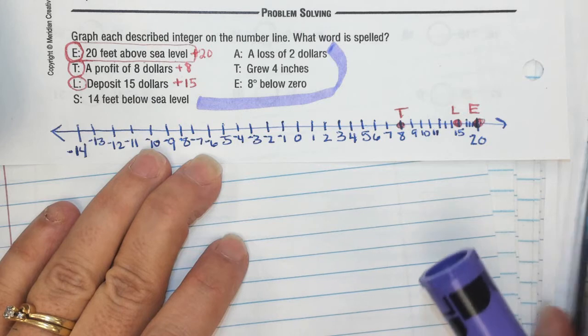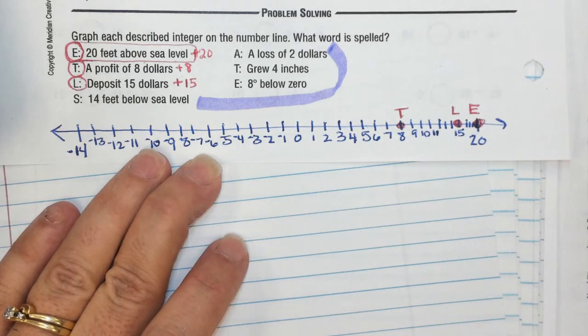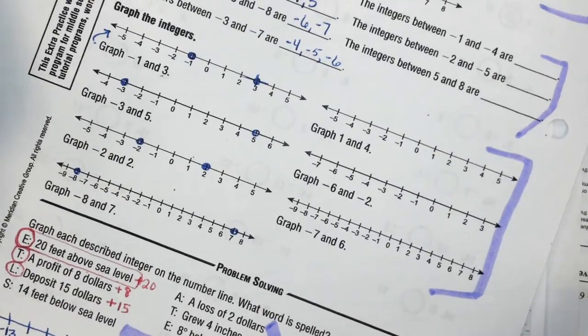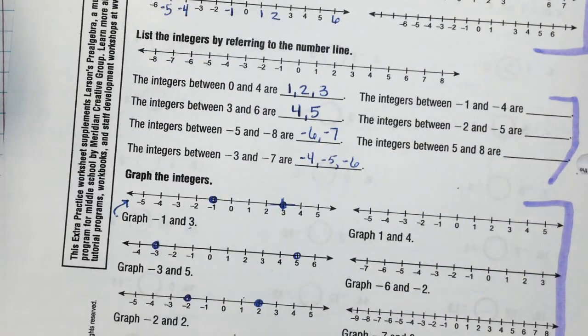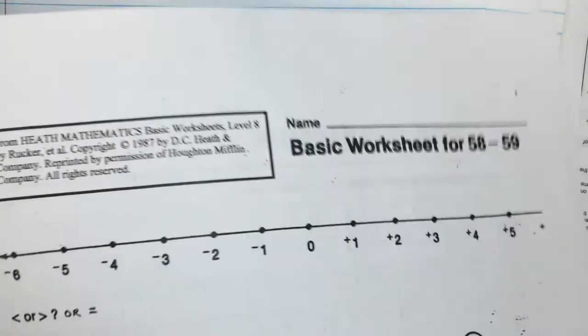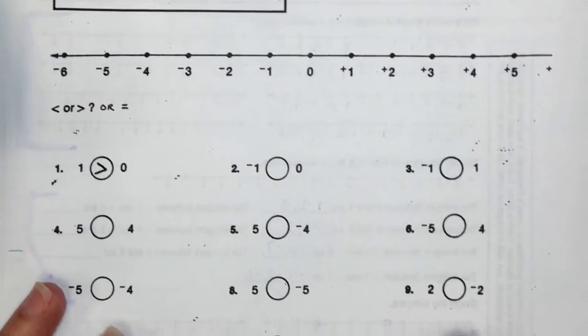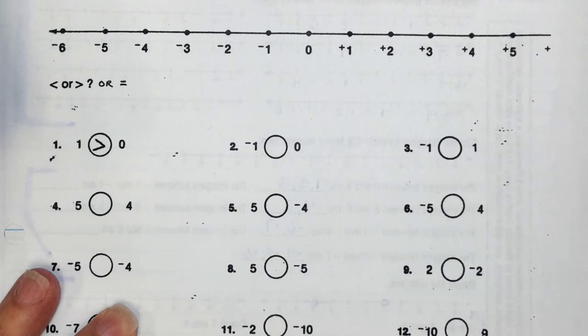Okay. Now, on the back, well, here's the thing, I need you to know, for some kids, this is easy. For some kids, especially when the numbers get real close, like the -10, -11, it does get confusing. So, this is what I would do, okay? Okay, so, here we go.